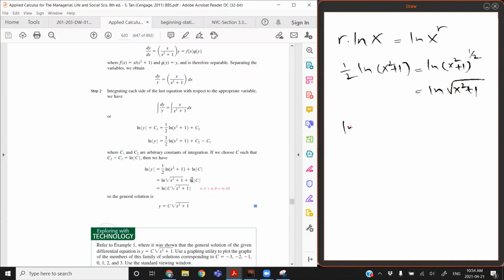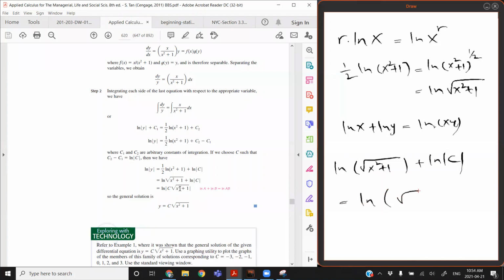Or if I have ln of x plus ln of y, this is simply ln of xy. So in this case, if you have ln of a plus ln of b, then it became the product of these two. If you have ln of root x squared plus 1 plus ln of absolute value of c, you can multiply these two and write that as ln of the product of these two.